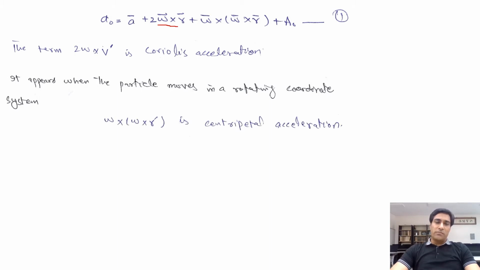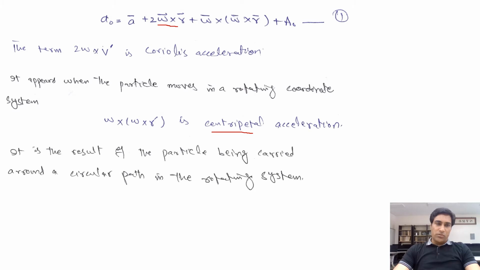And the term omega cross omega cross r is the centripetal acceleration. I believe you learned all these in your theoretical class. This centripetal acceleration is the result of the particle being carried around a circular path in the rotating system.